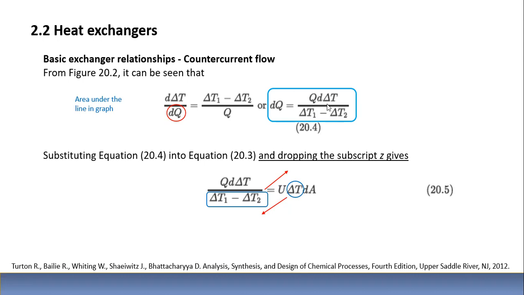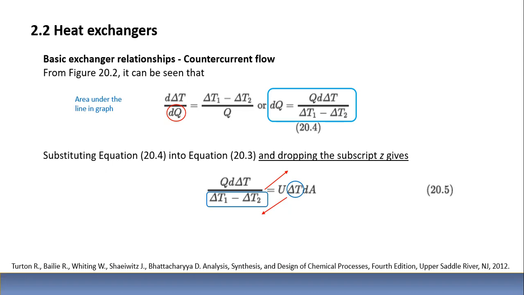What is the benefit of that? Well, in expression 20.4, we have d delta T over delta T1 minus delta T2, so it will be easier to integrate in order to solve this equation.